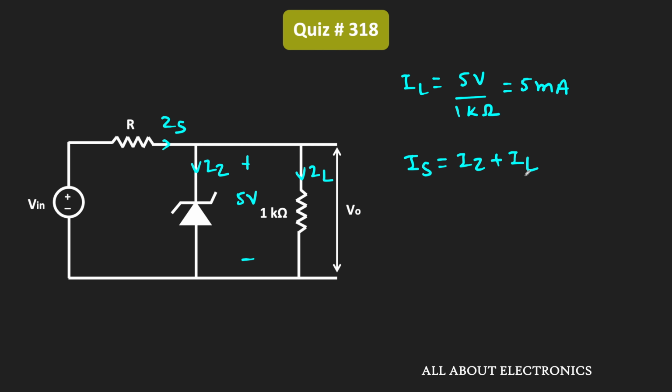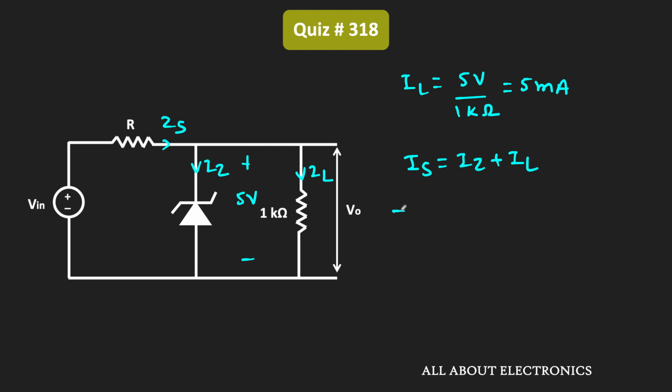Now whenever the Zener diode is operating in the breakdown region, then the output voltage will remain 5 volt. That means this IL will remain fixed. So this Is will be minimum when the Iz is equal to minimum. Or in other words, the supplied current will be minimum when the current through the Zener diode is equal to minimum.